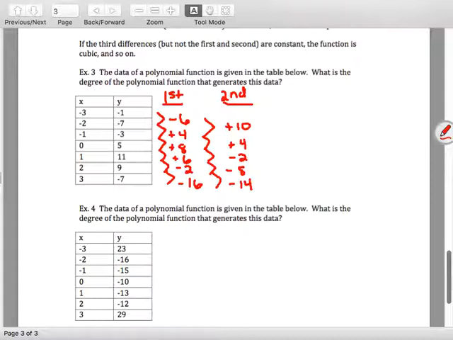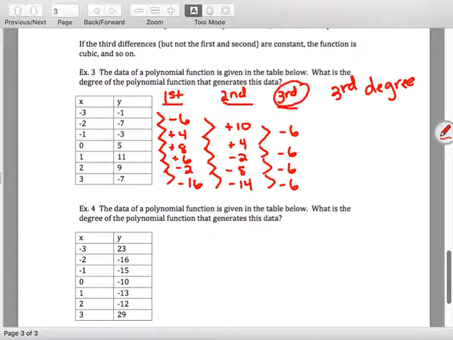All right, it's not quadratic. Let's do a third difference. So this is down 6, down 6, down 6, down 6. Now, this is not a negative 6 degree polynomial. It's a third degree. Whatever difference is constant, that's your degree. So we would say it's cubic.